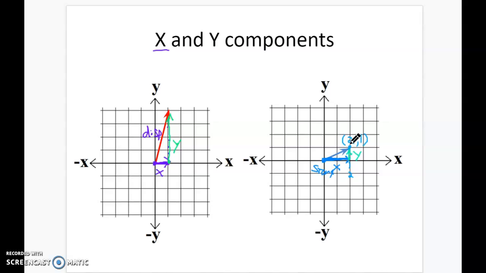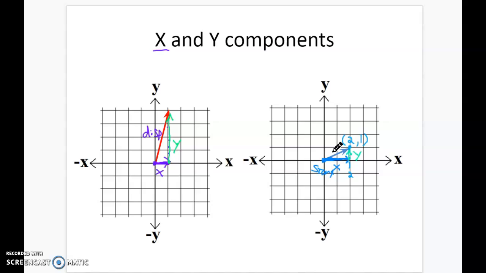So that's the point where that's at. And our x component goes over 2. That's the x component here. And the y component is 1. That's awesome. These two things do the same thing as this one vector does.